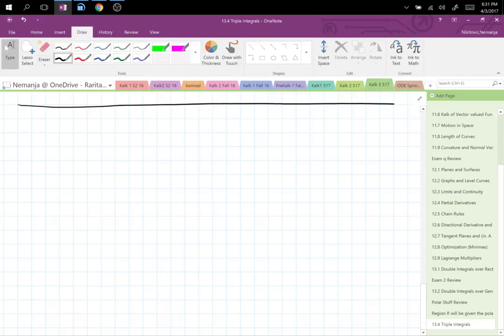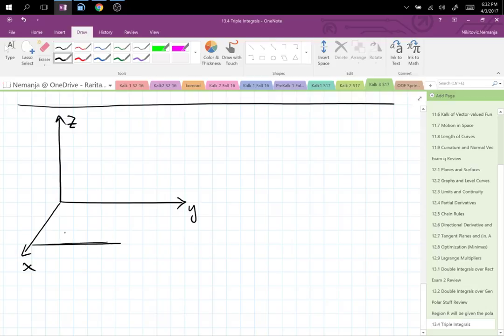So say you have, I'm going to make this problem up. So the wedge. I'm going to put that wedge here.